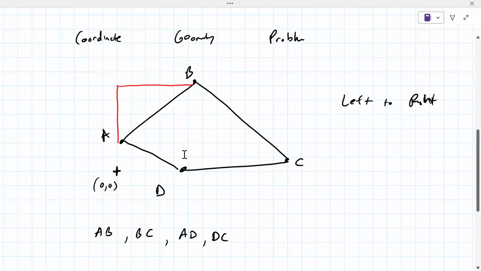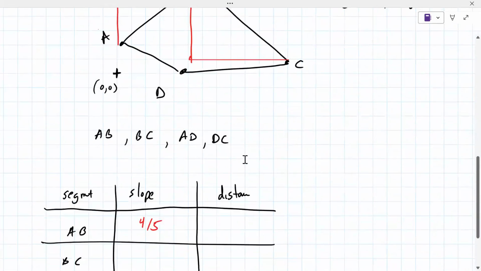Now B to C. This is not drawn great, but consider it that way. What's the rise over the run from B to C? It's down, so it's negative. So -5/6. Looks like it's got one more, -5/7.